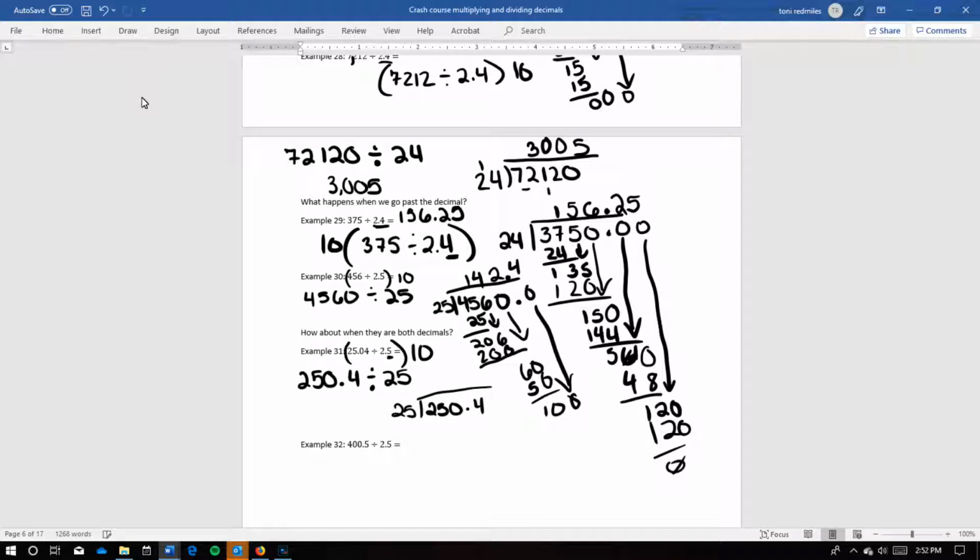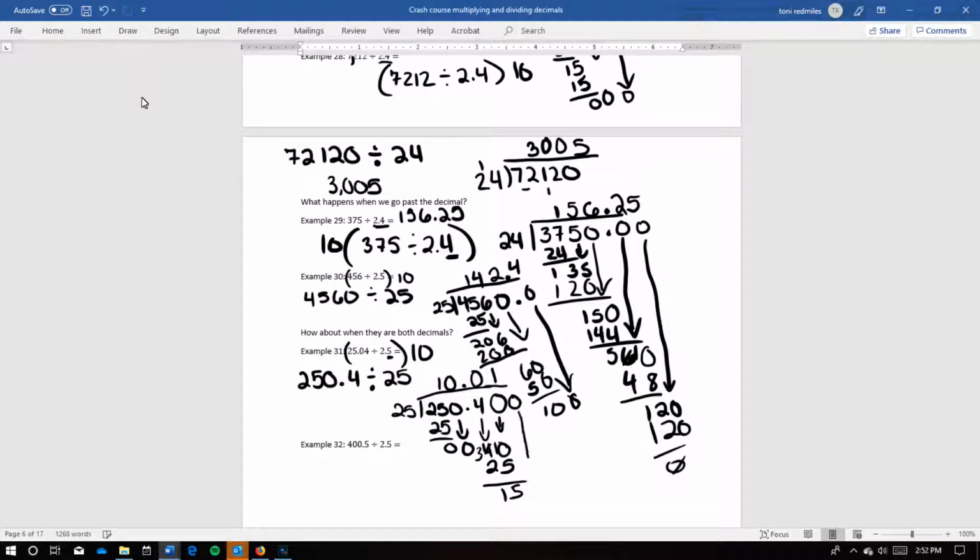Alright, 25 goes into 25 one time. Got to get this placeholder taken care of. So 25 goes into 0 times, put in my decimal, drop down my 4. 25 cannot go into 4, so I got to put a 0 here and a 0 here so that I get over into the hundredths place value. Now drop down this 0. 25 can go into 40 one time, which is 15.